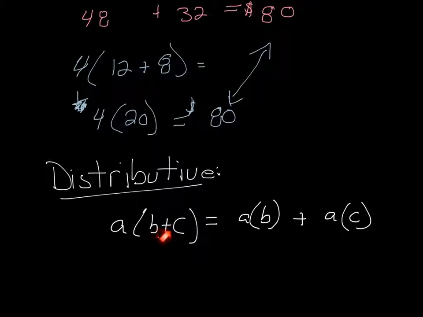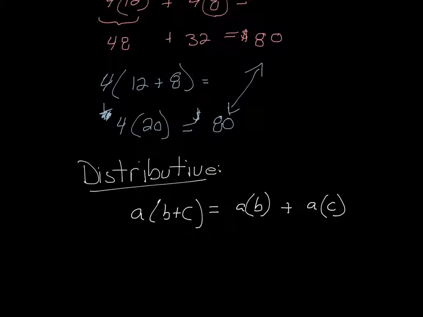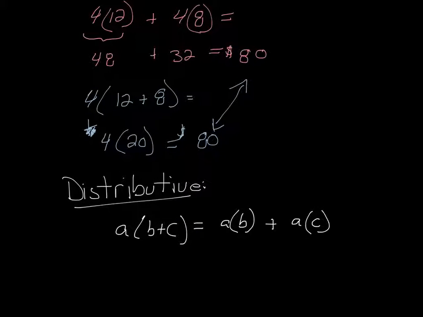We have our B plus our C multiplied by our A, or we can multiply our A times our B as well as our A times our C and get the exact same answer. And we know what happens because we had it right up here in our 80 plus 80, and we multiplied these out, distributed them out.